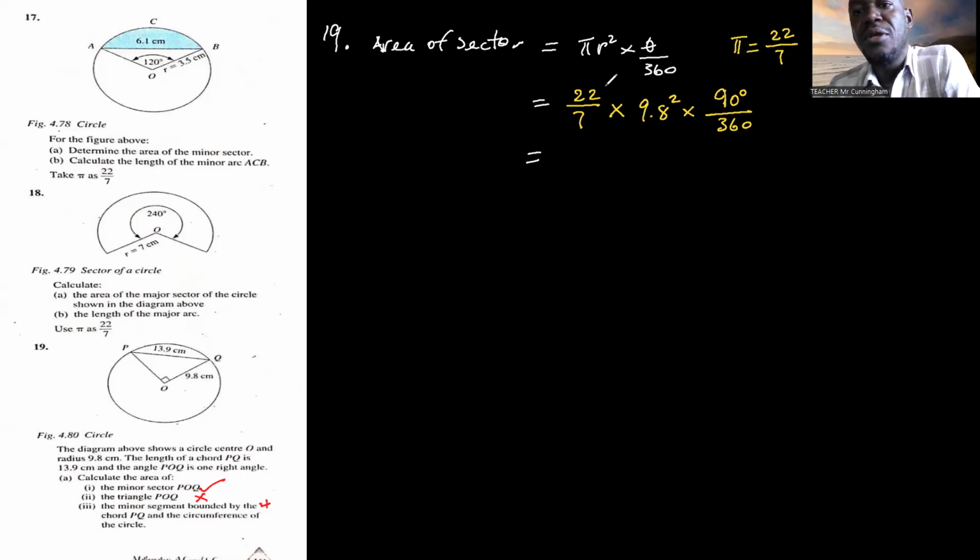People, what you could do, you could type in 22 over 7, and multiply by 9.8 squared. Use a square sign on your calculator. You have to have a scientific calculator by now. And then multiply, open bracket, 90 divided by 360, close bracket.